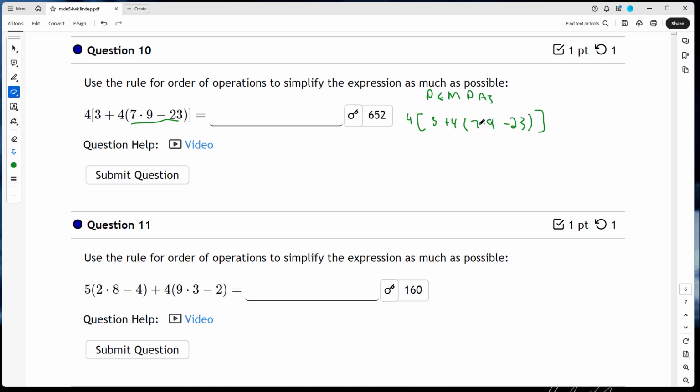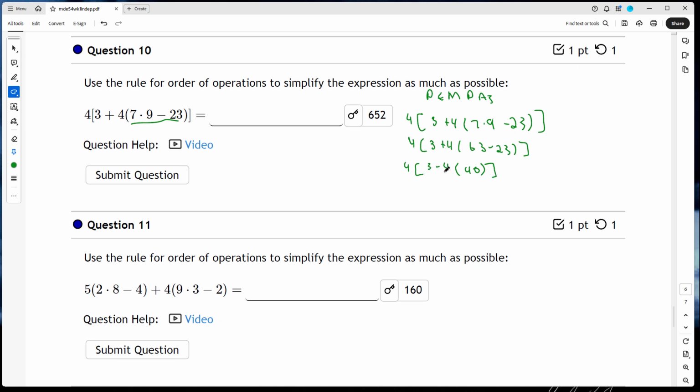We would take care of multiplication first, and then the subtraction. So I'm going to have 4 bracket plus 4. 7 times 9 is 63 minus 23. Take care of what's in parentheses. 63 minus 23, which is 40.